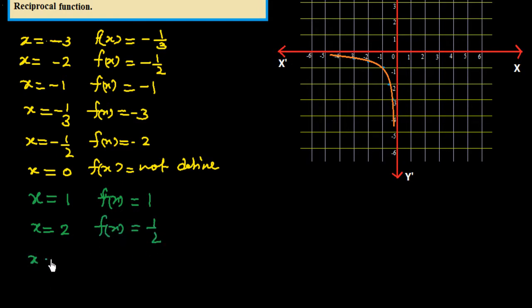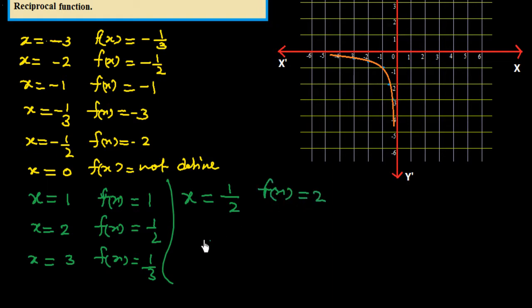If we put x equal to 3, we get f of x equal to 1 over 3. Similarly, if we put some fractional positive numbers, x equal to 1 over 2, then f of x is equal to 2. If you put x equal to 1 over 3, then f of x is equal to 3. In this way we get these numbers. Now we draw this graph here.